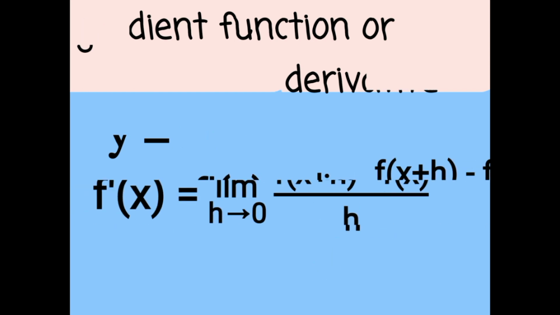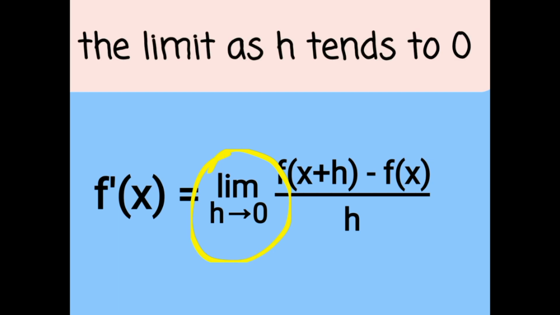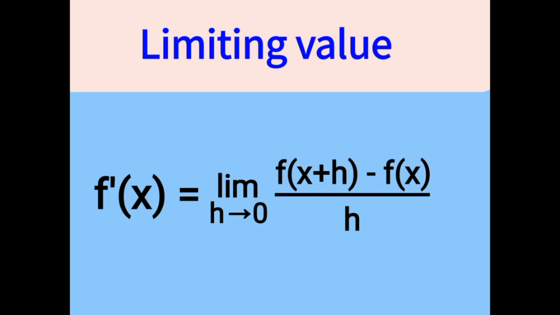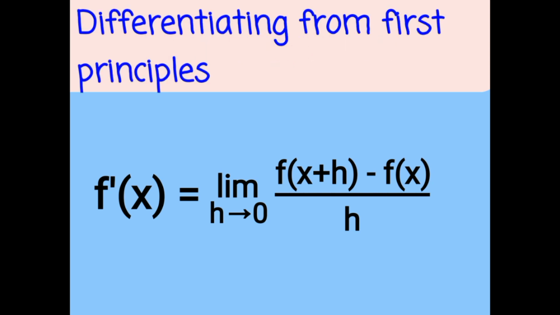Then, f dash x equals the limit as h tends to 0 of (f(x plus h) minus f(x)) over h. So, this means the limit as h tends to 0. Since we cannot evaluate the expression when h equals 0, but as h gets smaller, the expression gets closer to a fixed value or limiting value. Using this rule to find the derivative is called differentiating from first principles.